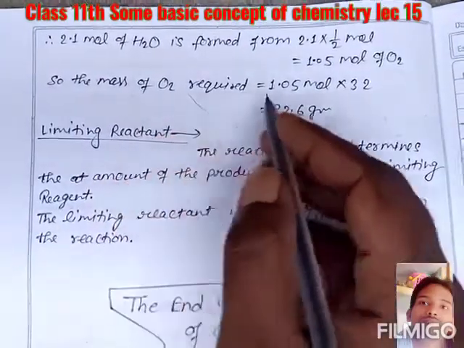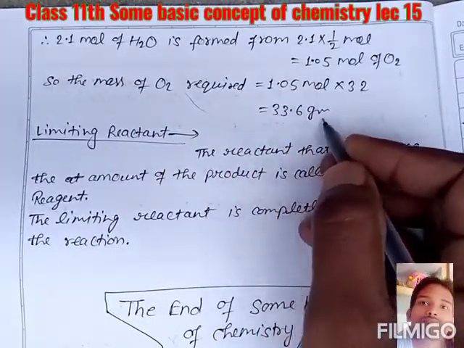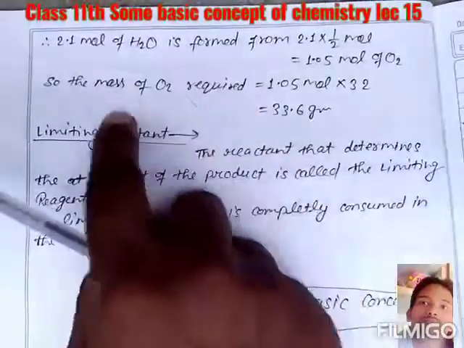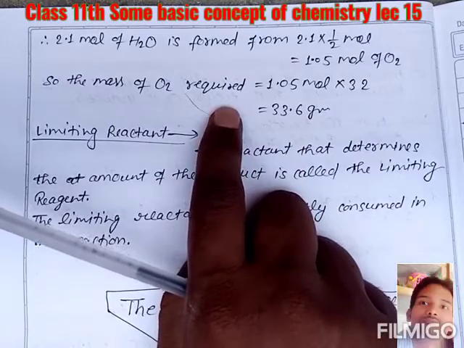So the mass of oxygen required is 1.05 mole into 32, that is 33.6 gram. This comes from the previous lectures, either the third or fourth lecture. We have already learned how to find the mass from the moles.